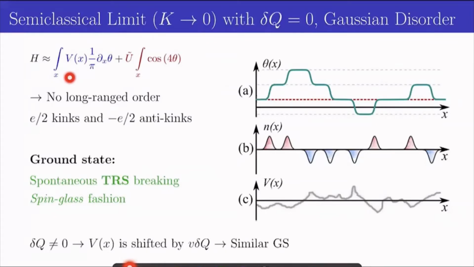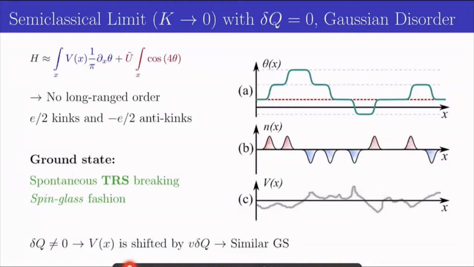We easily conclude that as long as V is Gaussian disorder, which is unbounded, it's natural to realize kink and anti-kink configurations in the theta space. To make a long story short, let me just conclude the property of the ground state. First of all, the ground state will break time reversal symmetry spontaneously. However, it's in a spin glass-like fashion.